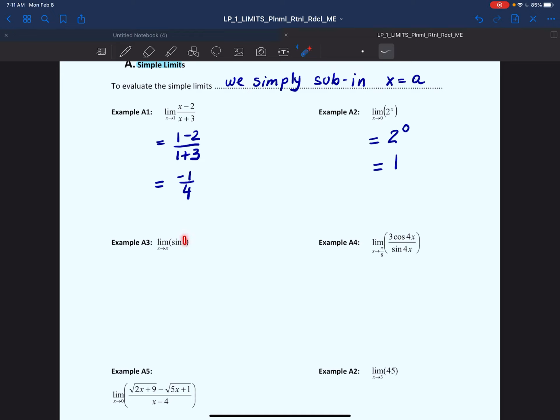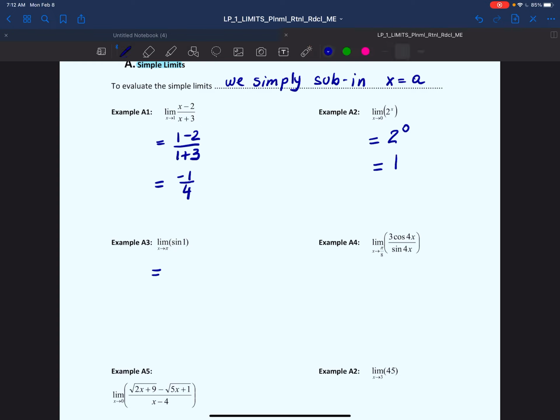As you can see in here, in the equation of the function, we have a constant number. Sine of 1 is sine of 1 radian. If you use a calculator set to radian mode, you're going to find sine of 1 equal to approximately root 3 over 2. So if x approaches pi, it won't affect the value of sine of 1.